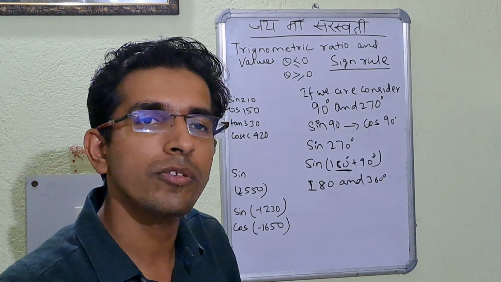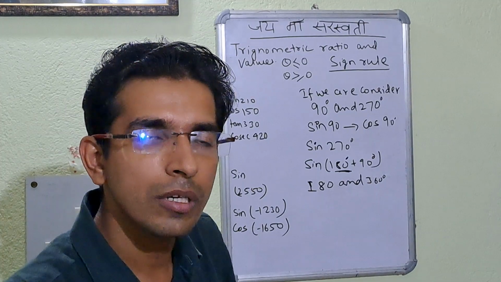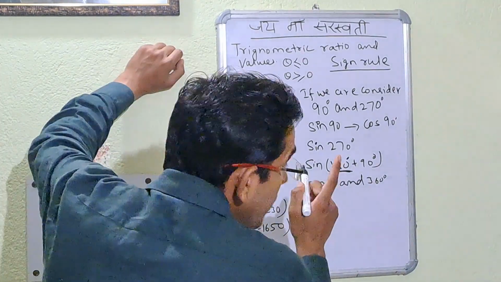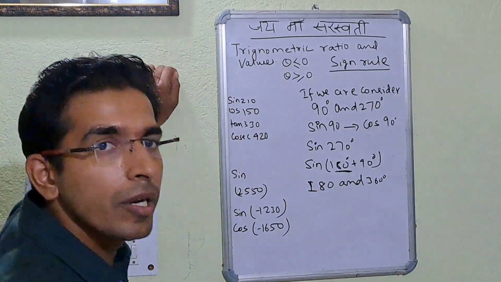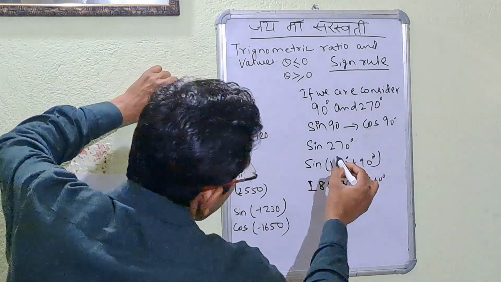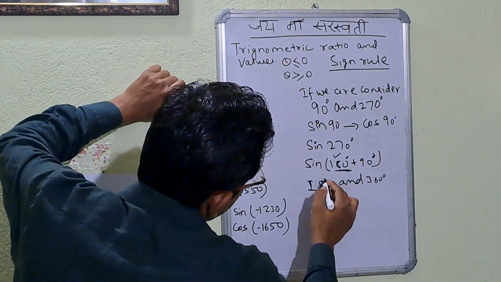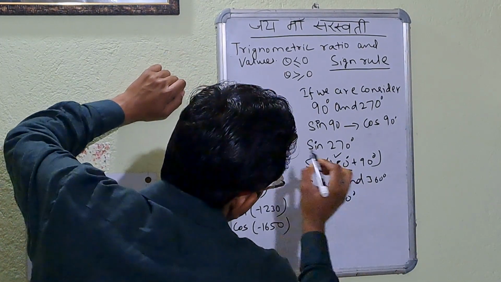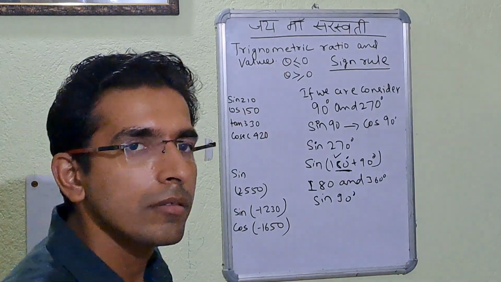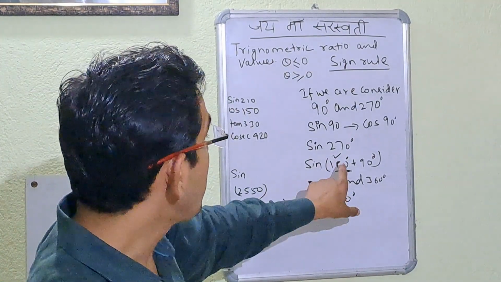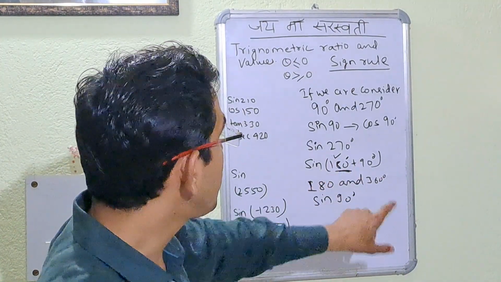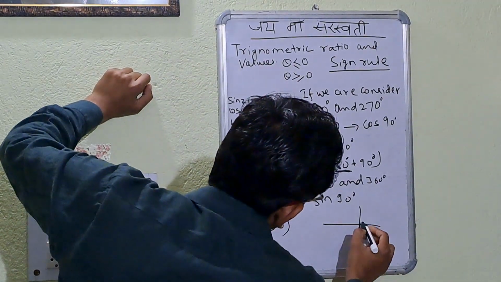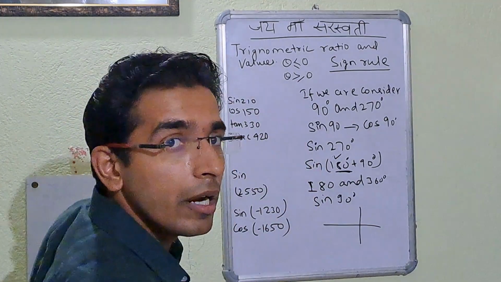Sine will not change into cos and cos will not change into sine. So if we are taking the help of 180 degree, it will be sine 90 degree, and 180 degree plus 90 degree in the Cartesian coordinate comes in the third quadrant.